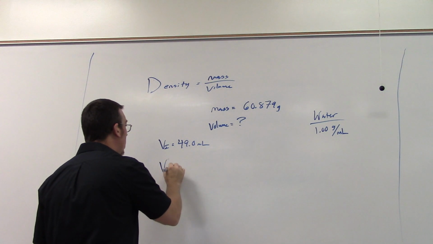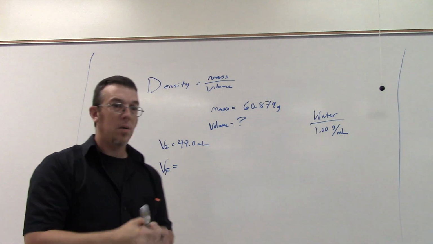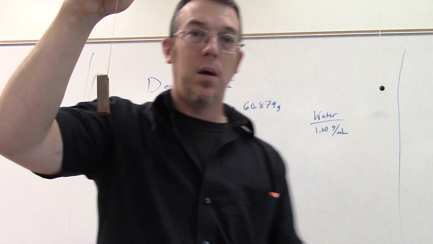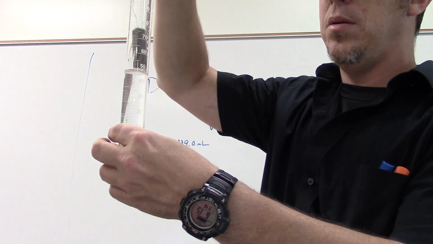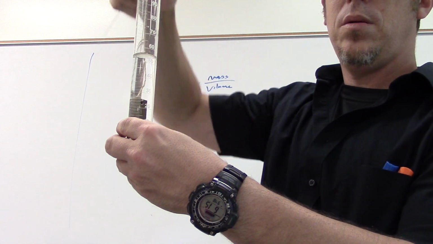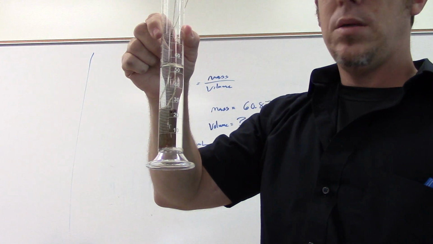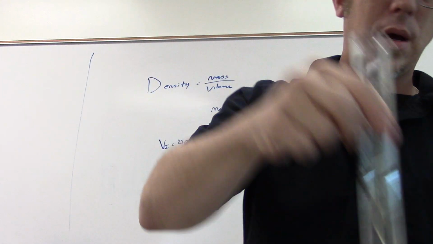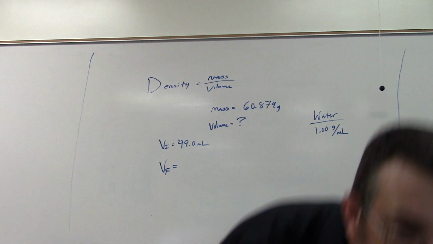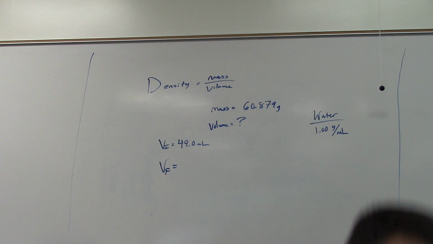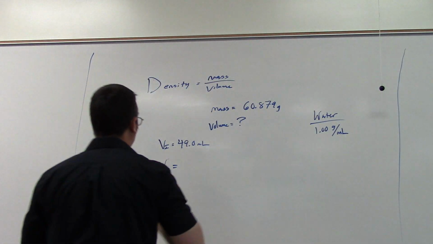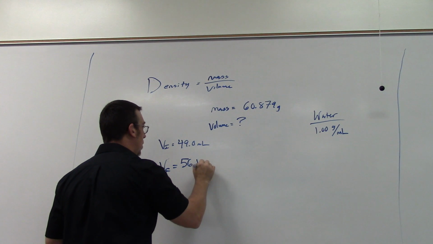Now I want to figure out the volume of this object. I'm going to place it into the graduated cylinder, and you'll see the volume increase. All right. So now the new volume inside is roughly 56.1 milliliters.